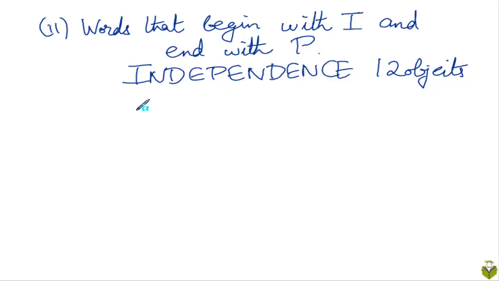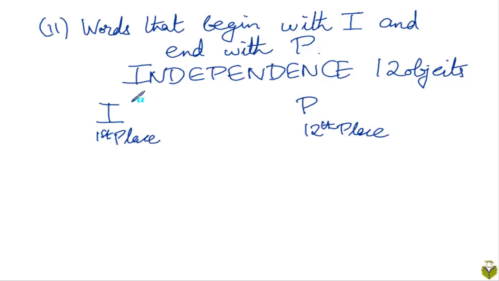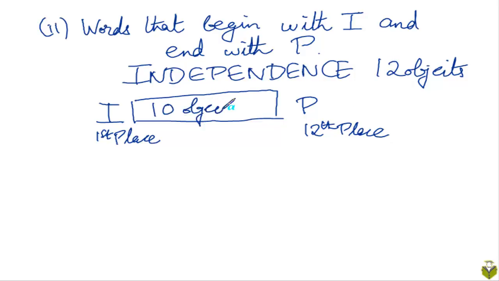So we only want the arrangements with I in the first place and P in the last place, or the 12th place, right? So how many objects are remaining in between? 10, right? Because out of 12 you use 2. So 10 objects are remaining.